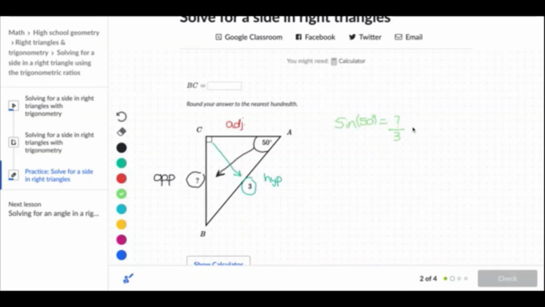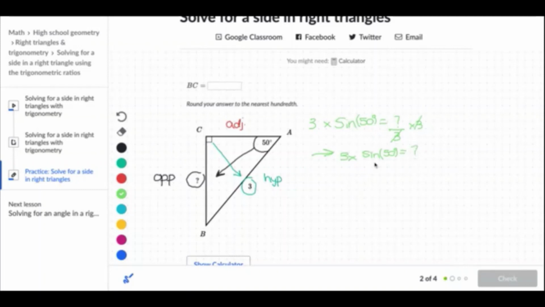Okay, so now we should get rid of the 3 over here, so we can leave the question mark alone. So that's 3, and then we have to multiply on the other side as well. So that becomes 3 times sine 50. That is equal to BC.